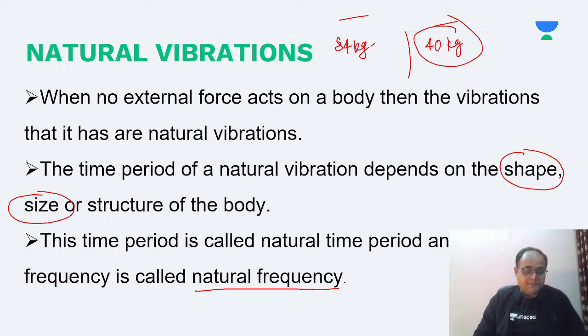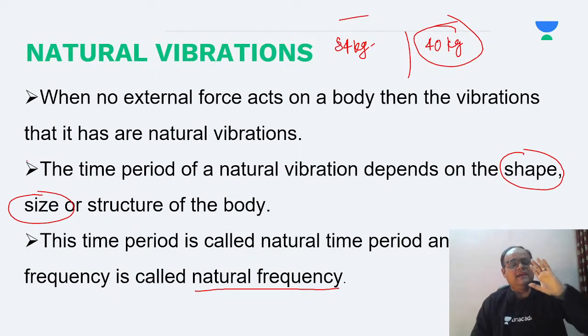For example, if I take a pendulum having a large ball and set it in oscillation with the same force which I was applying for a pendulum whose ball was this small, it's obvious that with the same force, the ball having the larger size will take more time to complete the oscillation. The frequency will change. Yes, it will decrease. It is but obvious, right?